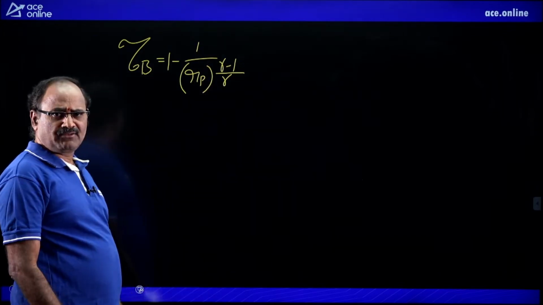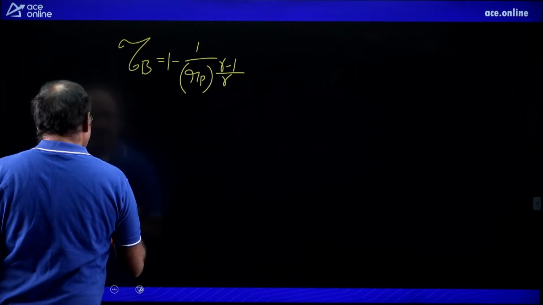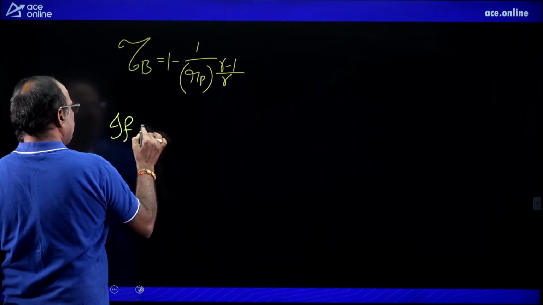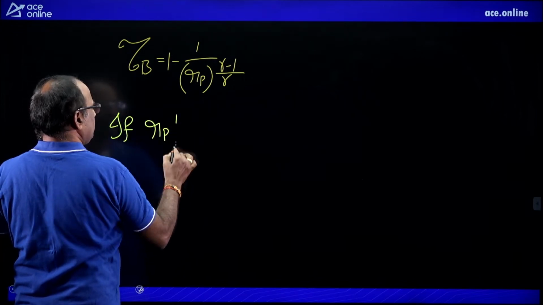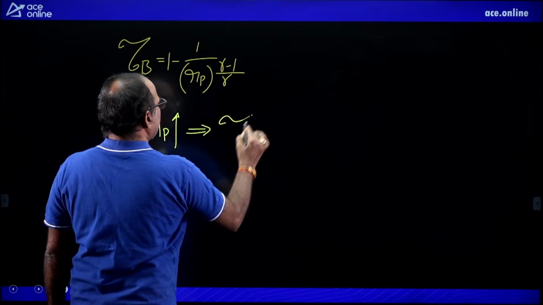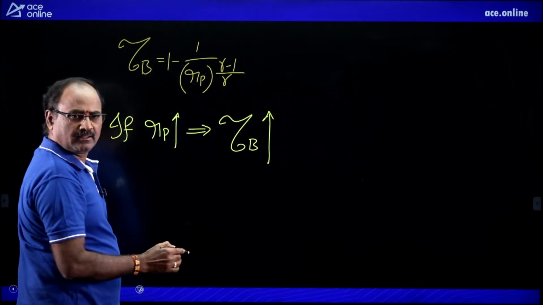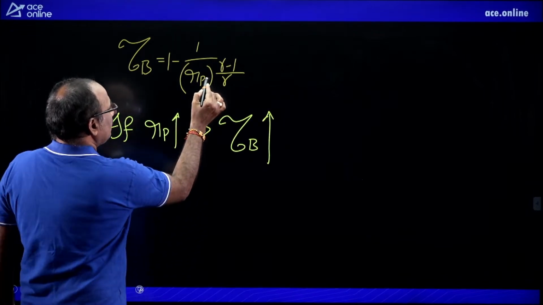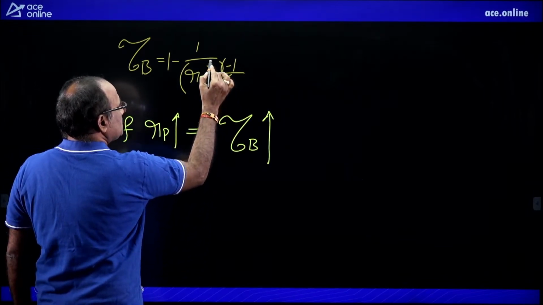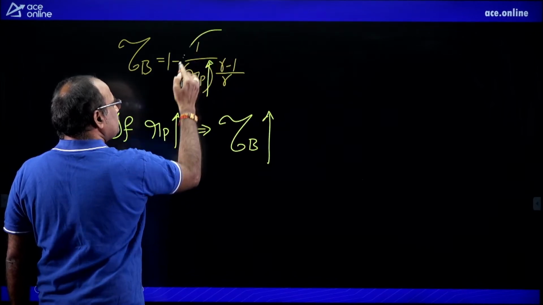From this, if I keep on increasing the pressure ratio, what about the Brayton cycle efficiency? The Brayton cycle efficiency keeps on increasing, because when the pressure ratio increases, 1 by the increasing value will decrease this factor.